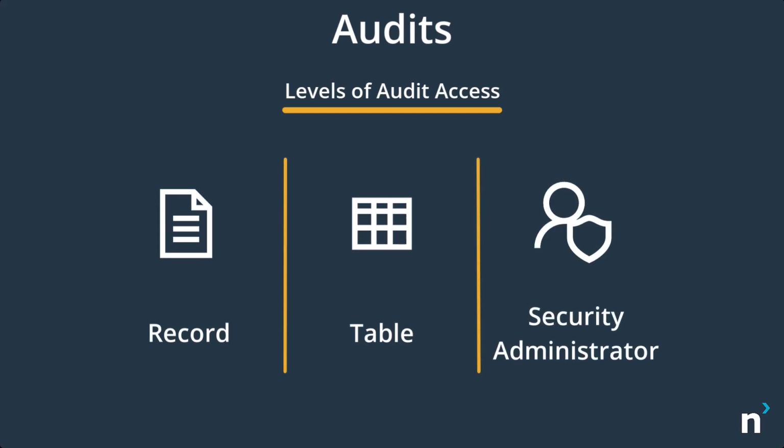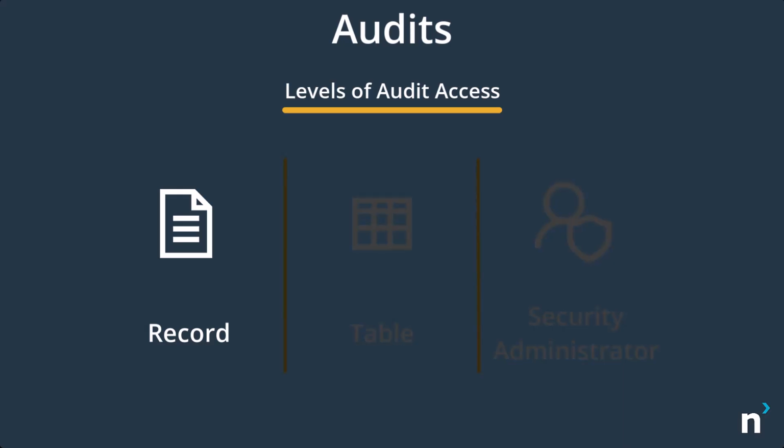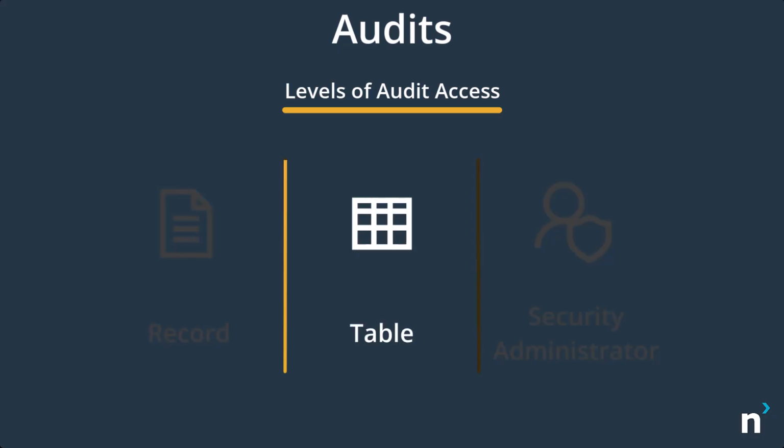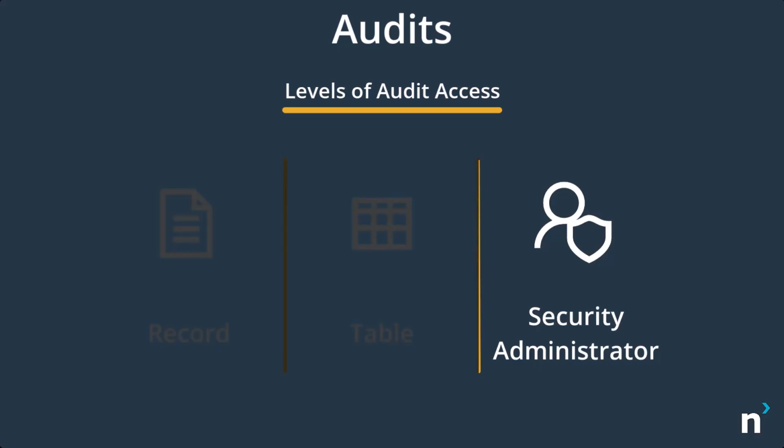These access levels include record level, where the user can use the row action button to view the audit information for a specific record. Table level, where the user can use the Audit History Viewer mini application to view the audit information for the entire table. Security Administrator level, where the user can use the Audit Log Configuration utility and Audit Log applications to view and export audit information across their entire environment.